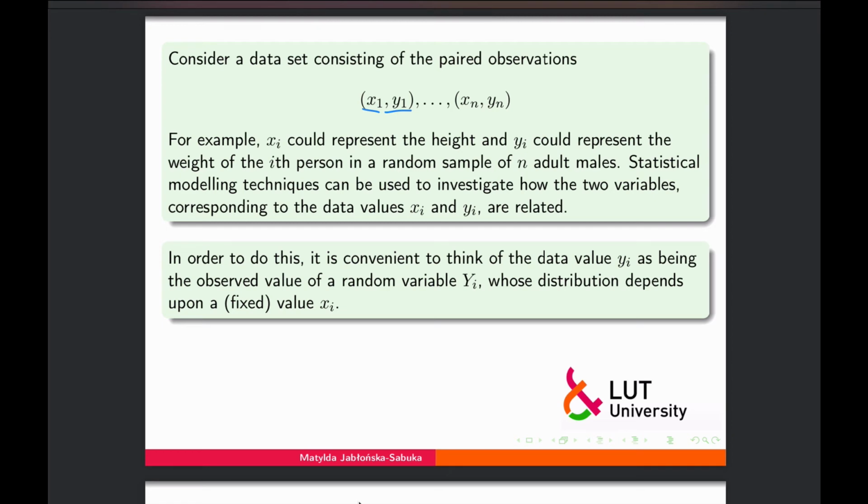To do this, it's convenient to think of the data value yi as an observed value of a random variable yi, whose distribution depends upon a fixed value of xi. You can also think about why we model weight using height and not the other way around. A person's height does influence weight, because a taller person would normally be heavier. If you have two equally slim persons, but one is taller than the other, the taller one will be heavier.